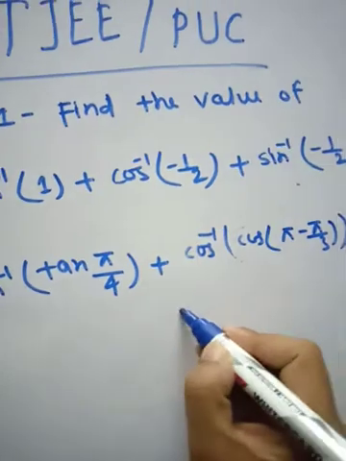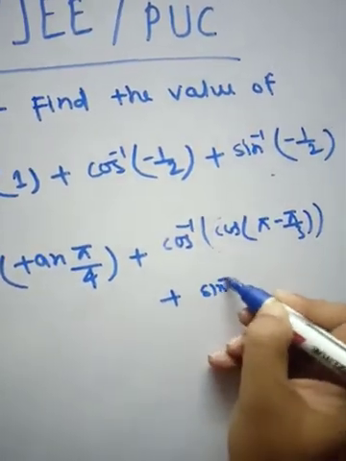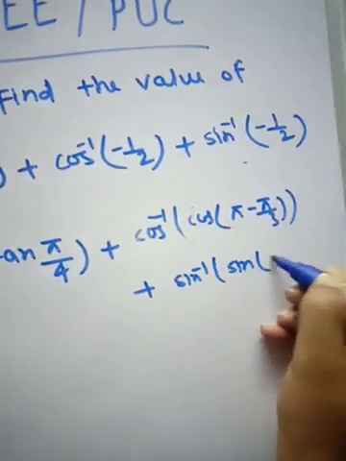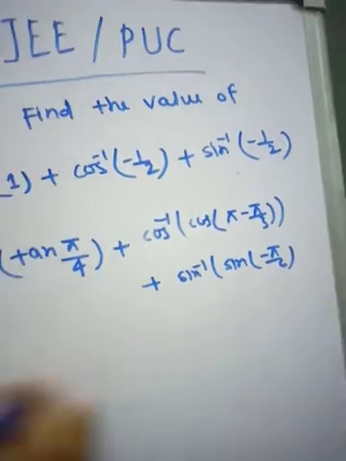Then sin inverse minus half, we can write as sin inverse sin of minus pi by 6.